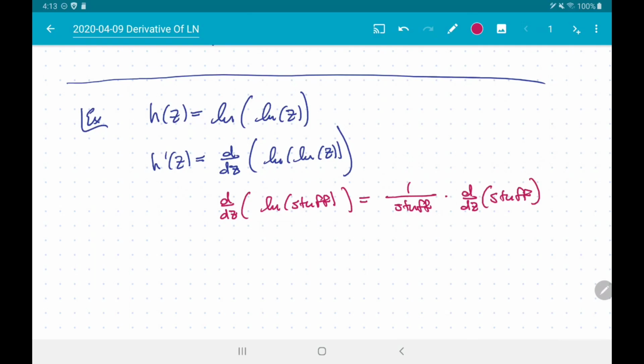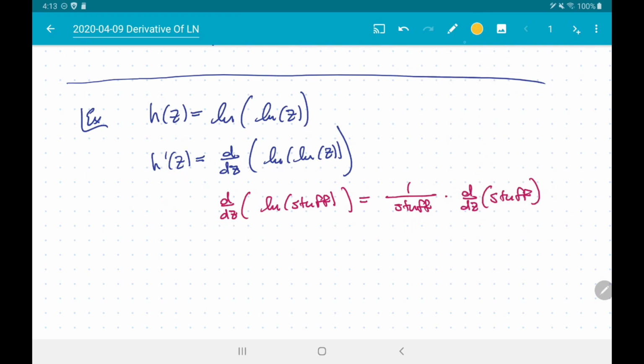Okay, what I've written here is that if h is ln of ln of z, then h prime is the derivative of ln of ln of z. Since the natural logarithm is that outermost operation, I'm going to use the same rule. I've written it here using z because the independent variable is z.